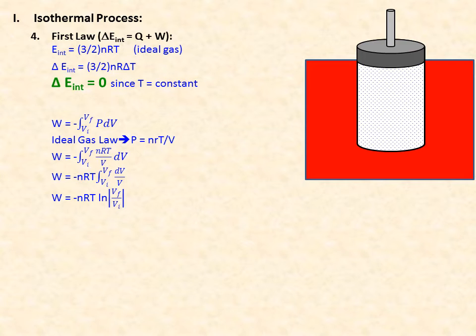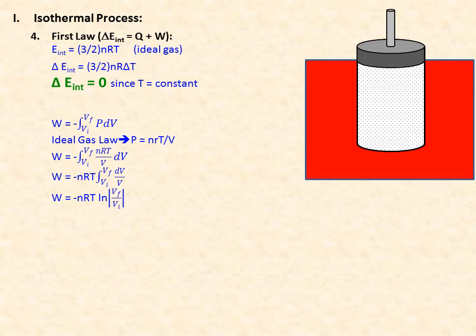I want to point out that when we look at this expression for work done on the gas, if the gas undergoes an expansion, so the final volume is greater than the initial volume, then the natural log term is positive and our expression for work is negative.